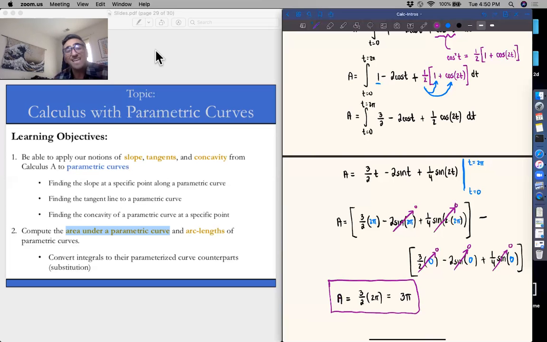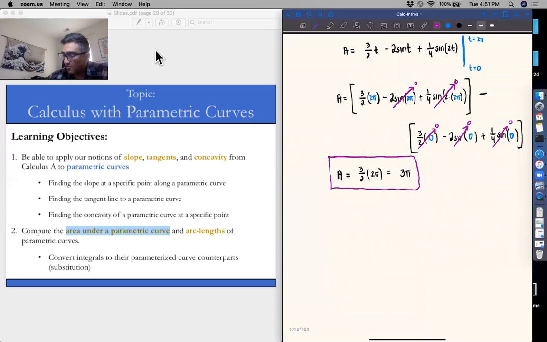So remember, the big idea for this example is that we converted what we knew about a definite integral that gave us the area under a function between a certain x point and another x point. We converted that into the parametric form.